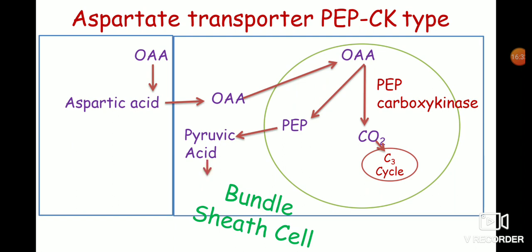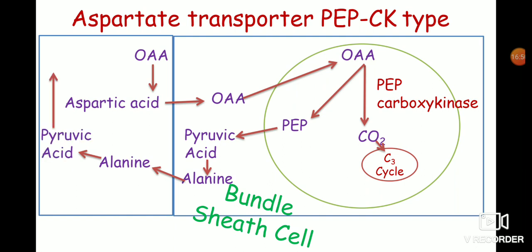The pyruvic acid is then converted to alanine, and the alanine then enters into the mesophyll cells, and by deamination the alanine gets converted to pyruvic acid, and the pyruvic acid then gets converted to phosphoenol pyruvic acid. So in this type of C4 plants, the oxaloacetic acid directly undergoes decarboxylation giving rise to carbon dioxide.